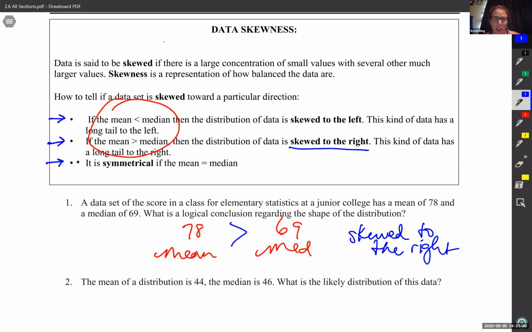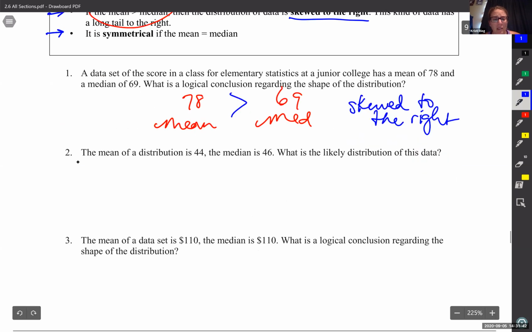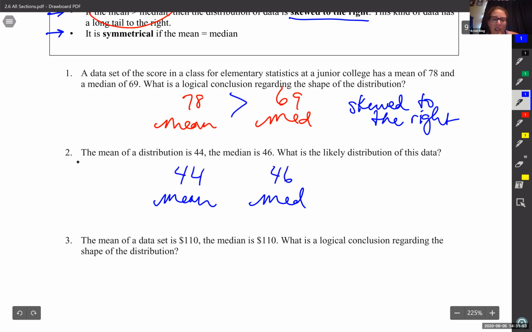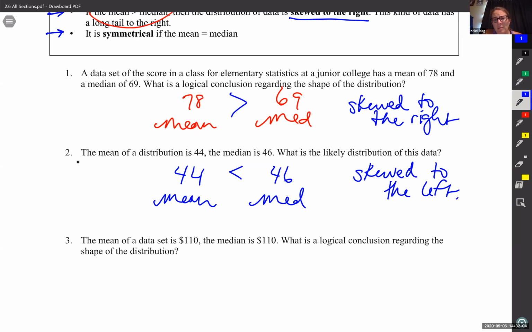Similarly for number 2, we'll put the mean on the left, the median on the right. 44 compared to 46? 44 is less than, so this is skewed to the left. Another way to think about that, if you don't like trying to remember the inequalities, is just think about the picture.